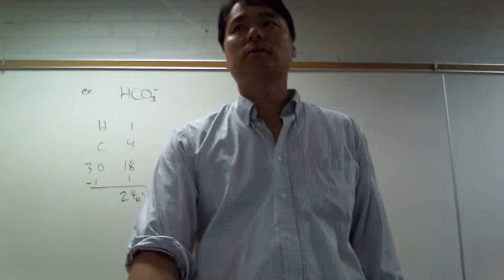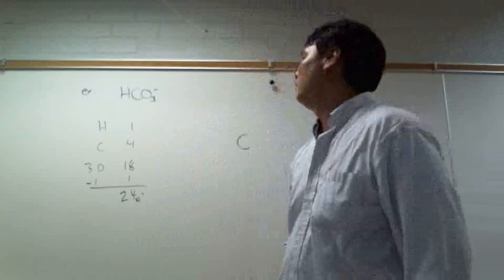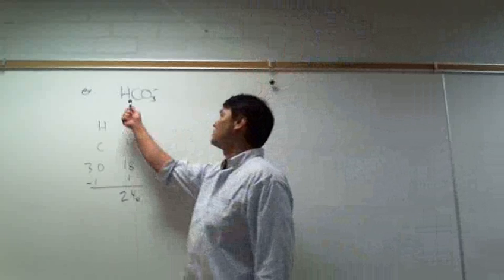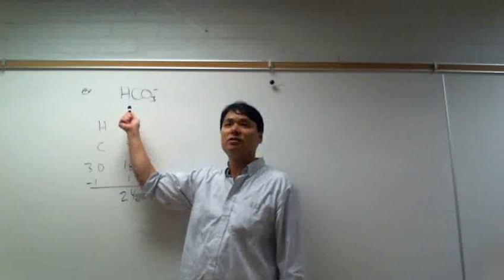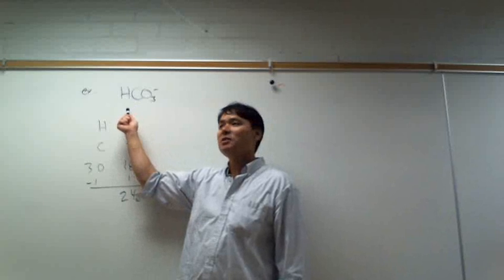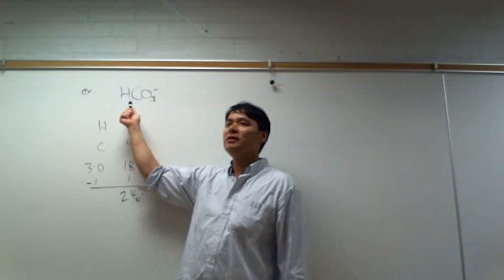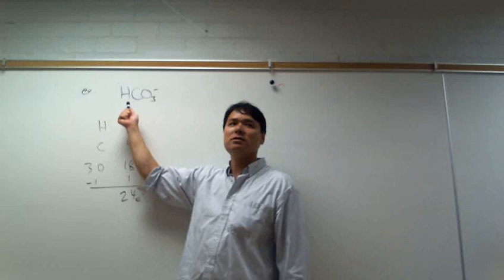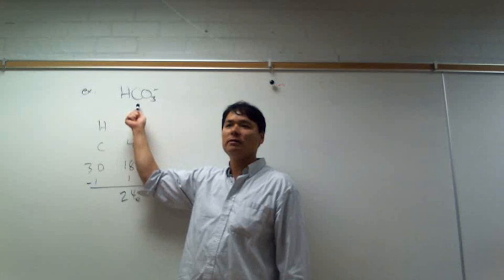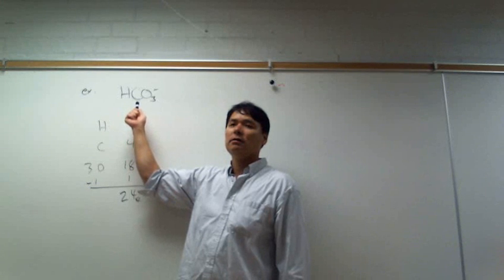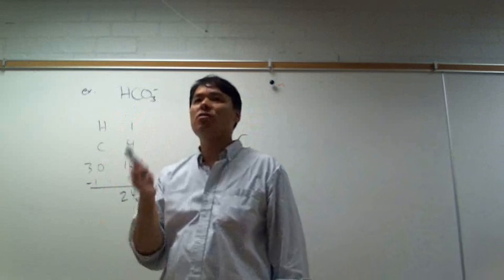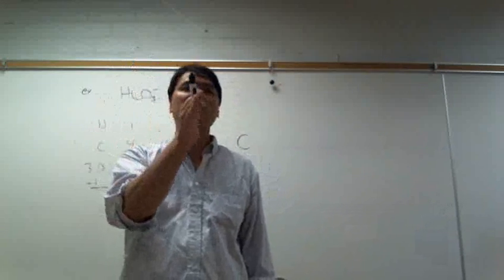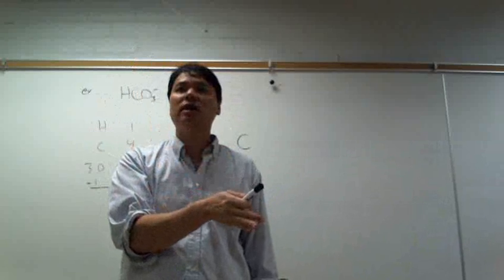The most. A common mistake is that people bond the hydrogen to the carbon because they're right next to each other. It just seems logical to do that. But in this case, the hydrogen is not bonded to the carbon. Is that always the case when there's an acid? Yes. Whenever you have an acid, you always bond the hydrogen to the most electronegative element.